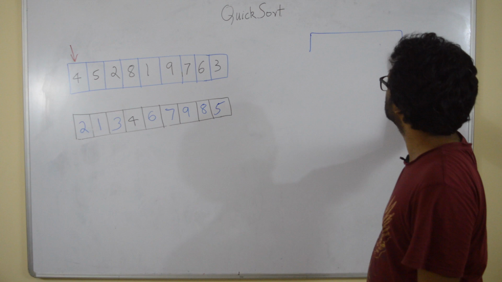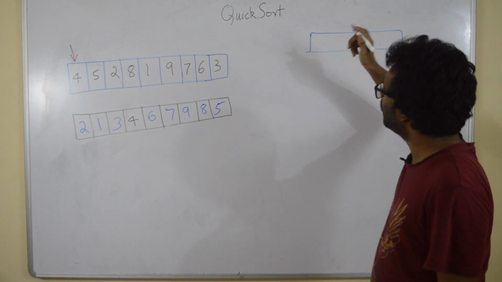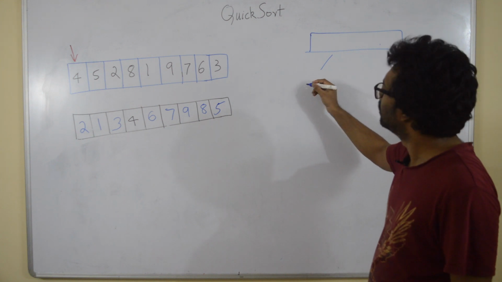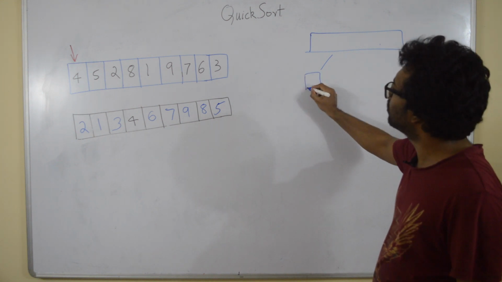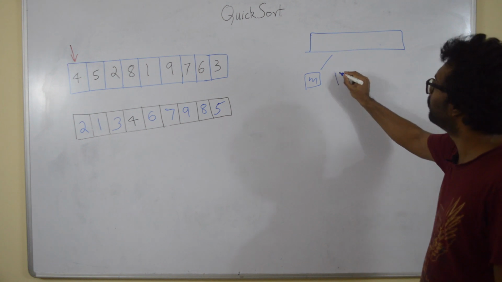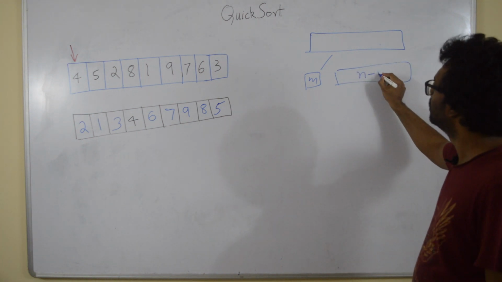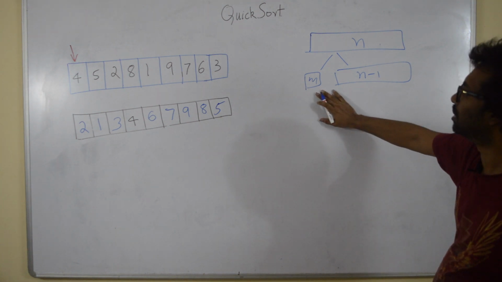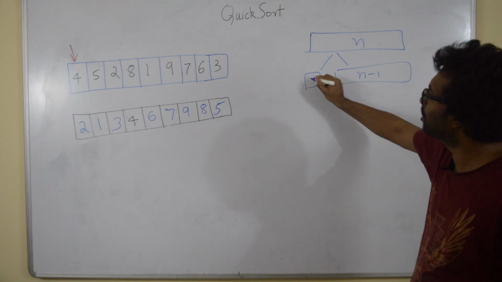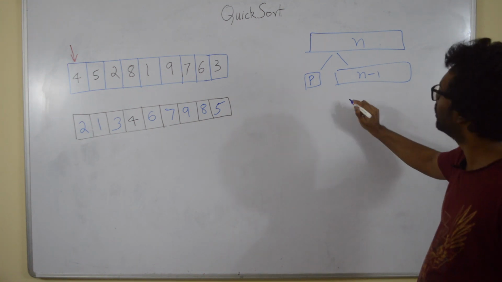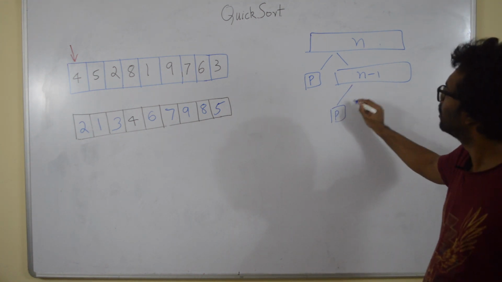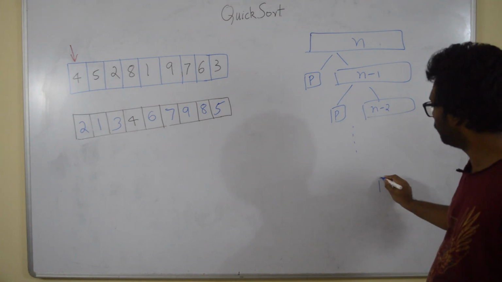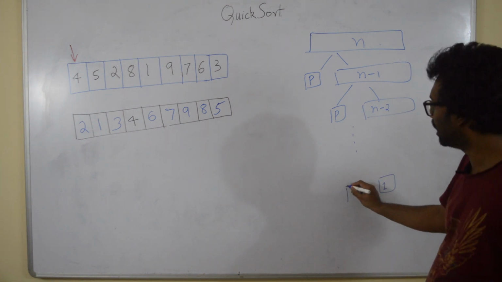You have a tree like this, and you split, and the pivot comes here, 1 element, and then you have n-1 elements here. So this is an n element array. You split it into 2 parts like this. The pivot here, let me call it P, and n-1 elements, and then you split again. P comes here, and n-2 here. How long does it continue? You finally reach 1 element here and P here.